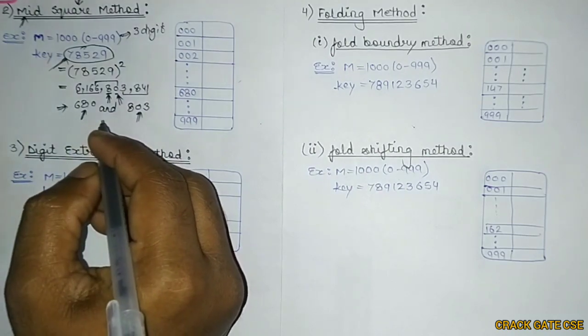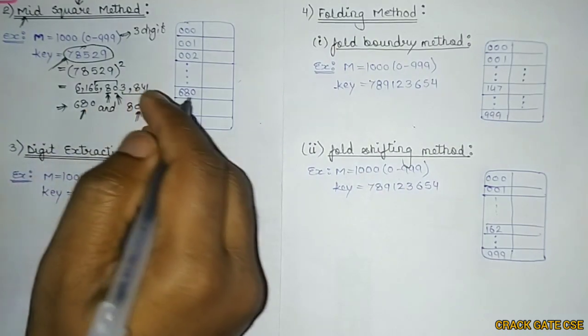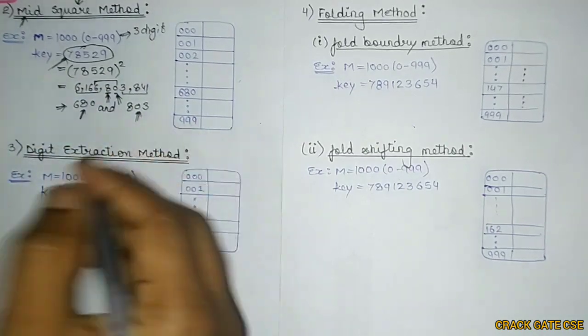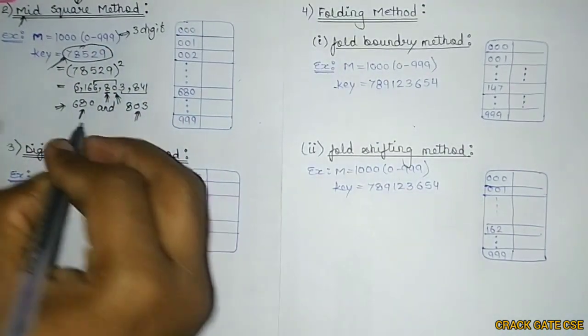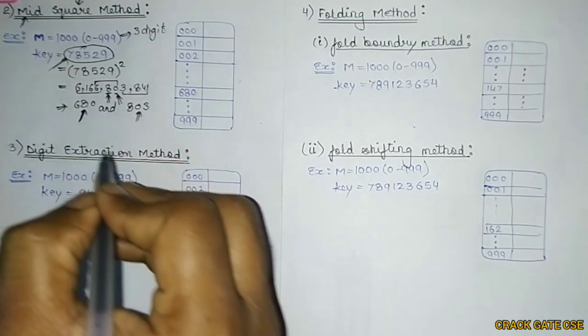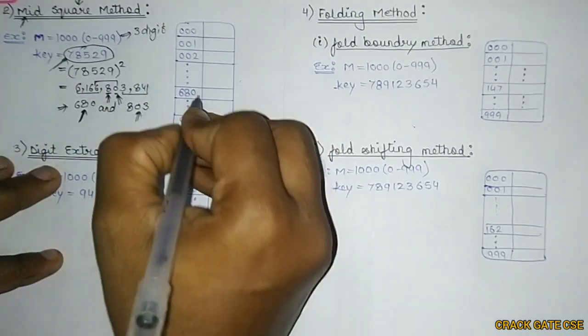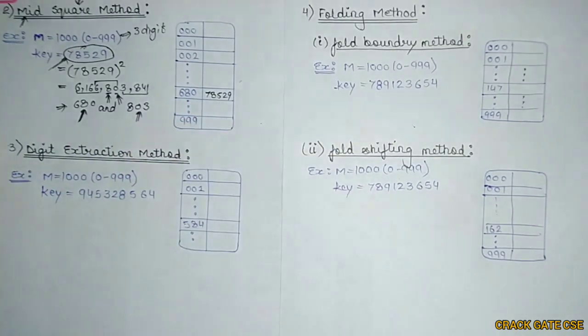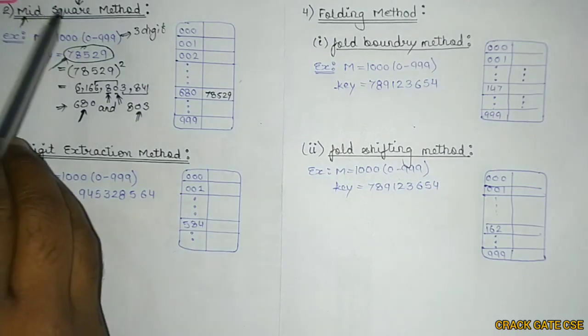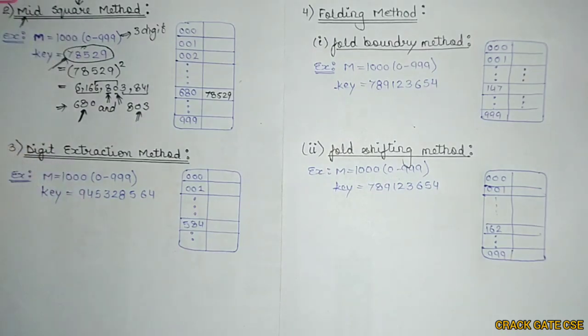You have to program it in such a way that you can take the minimum value or the maximum value. I wrote an algorithm in such a way that I will be mapping it to the minimum value. So the minimum value is 680. So this 78529 will be mapped to 680, right? So this is how the mid square method works. First we will be squaring, then finding out the mid value and mapping the key, right?